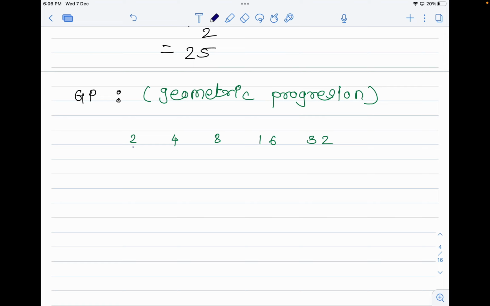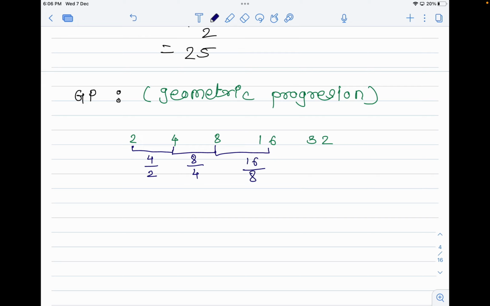So let's talk about this. If you have this 4 and you want to find the previous number, what will you do? 4 divided by 2. Again, to find the 4 from 8, you do 8 divided by 4. To find 8 from 16, 16 divided by 8.